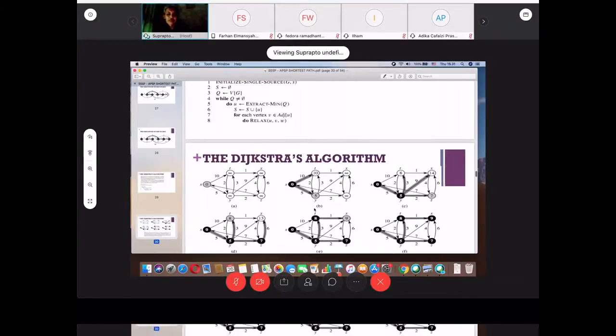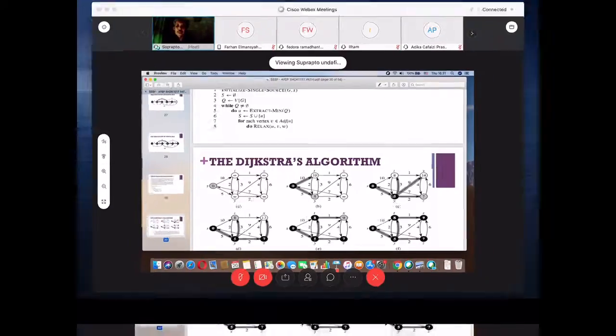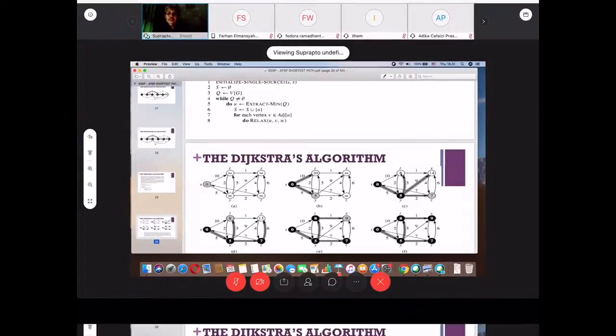In the previous figure, the shortest path estimate of T is 10, and now it is updated to 8 because the path no longer goes to T directly, but through Y first, with the shortest path estimate 5 plus 3 to T, which gives 8, and 8 is less than 10, right?